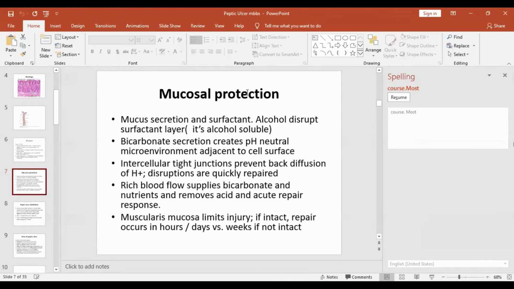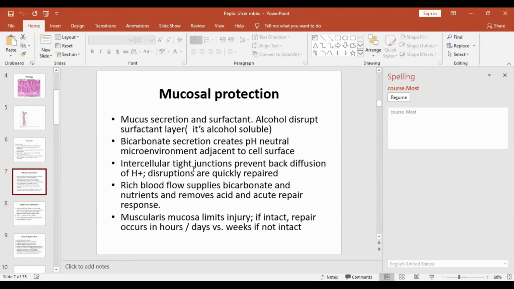Now, what are the factors which protect the mucosa from ulceration? One is mucus secretion and surfactant. Alcohol disrupts this surfactant layer because it is soluble in alcohol. Bicarbonate secretion creates a pH neutral microenvironment.